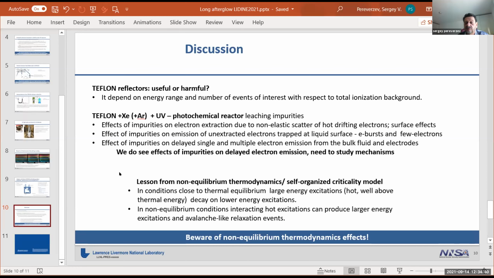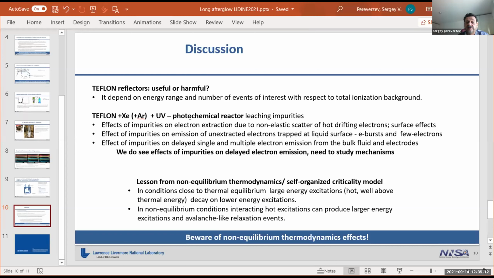But in fact, the main troubles with Teflon are likely not with the light production inside Teflon, but other effects, because Teflon, argon and impurities plus UV light make a chemical reactor inside your detectors, which will be producing quite unexpected impurities leaching out of Teflon.